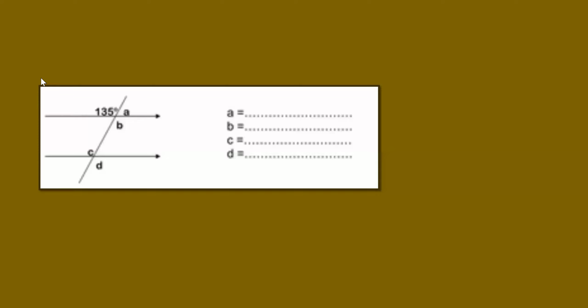First question, we have 2 parallel lines, and we need to figure out A, B, C, and D. A with 135 make a straight line, so they make 180 degrees.